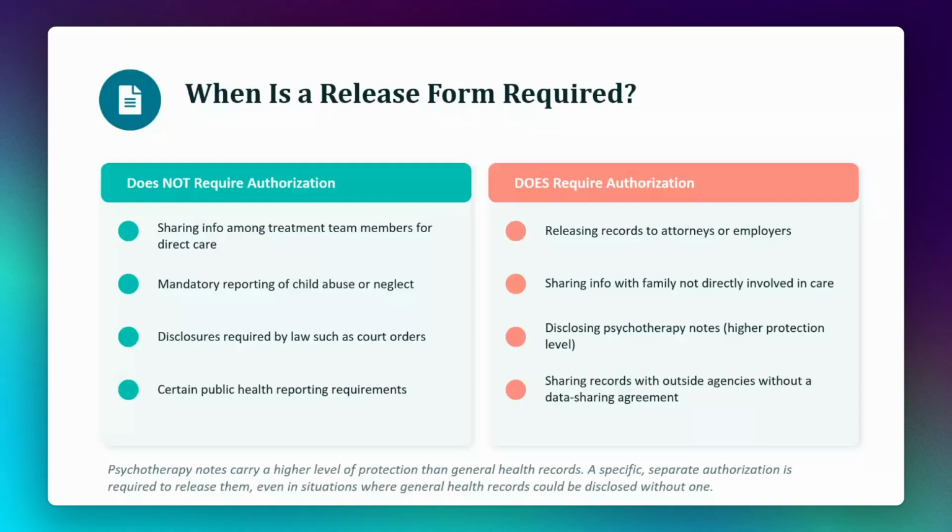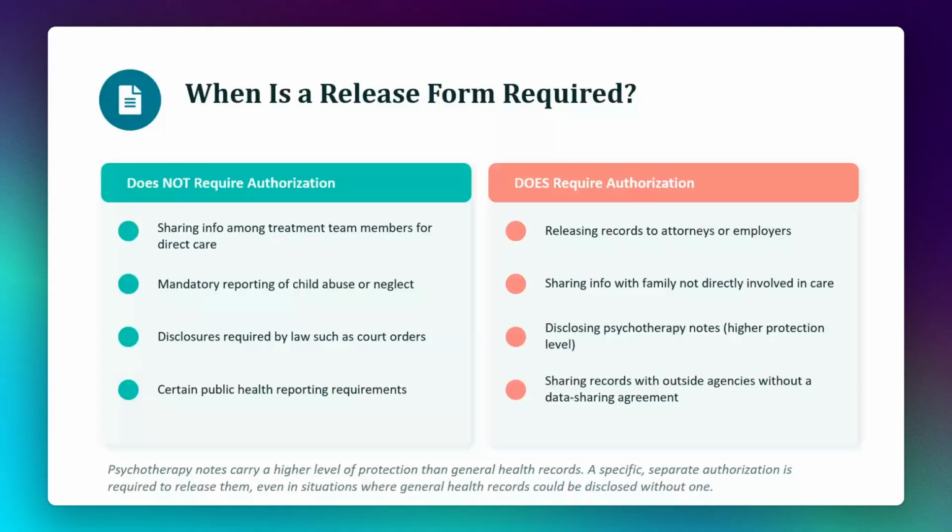The disclosures that do require a signed authorization form include releasing records to attorneys or employers, sharing information with family members who are not directly involved in care, disclosing psychotherapy notes, using information for marketing purposes, and sharing records with outside agencies unless a formal data sharing agreement is already in place.